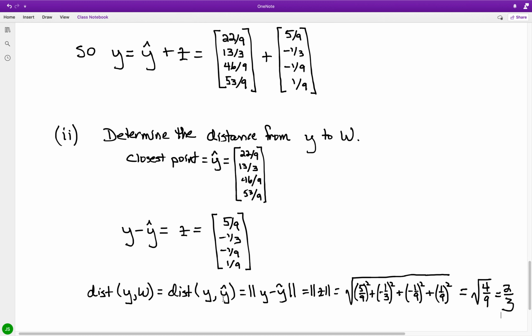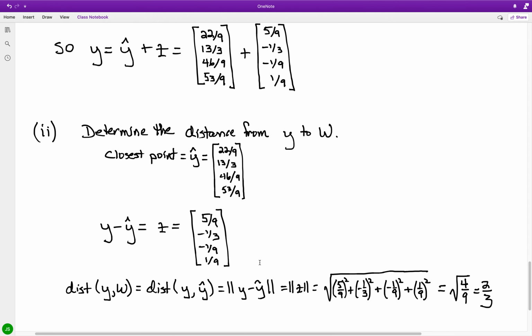So the distance is the magnitude of y minus the projection, which in this case is the magnitude of z. Taking the sum of the squares of 5 ninths, negative 1/3, negative 1 ninth, and 1 ninth, the sum of the squares will be 4 ninths, and the square root of 4 ninths is equal to 2 thirds. So 2 thirds is the distance from y to W.